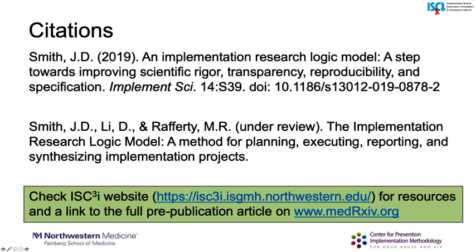So some suggested citations. This was published as an abstract in the journal Implementation Science based on a presentation that was done at the 2018 NIH Academy Health Science and Dissemination Implementation Conference. There is also an under review manuscript that hopefully will be published in the next few months.